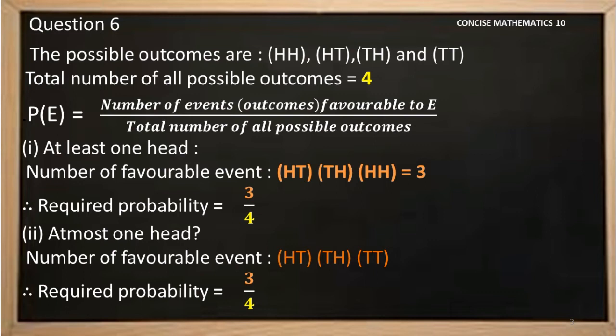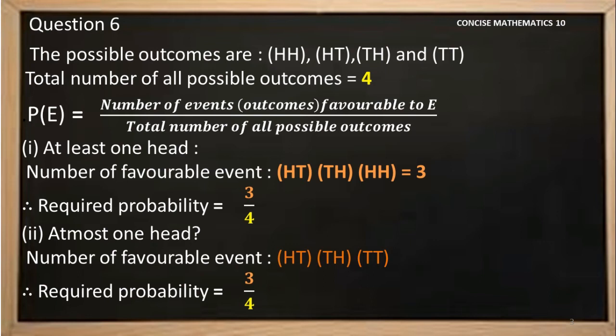Try to understand here. At least one head means the condition is to have at least one head, and it can also have more than one. At most one head means maximum 1, and maximum 1 means it can include no head or 0 head, and the number of favorable events are listed out here.